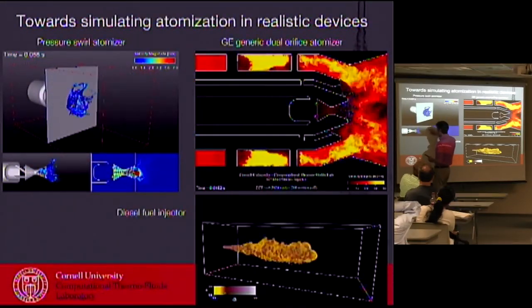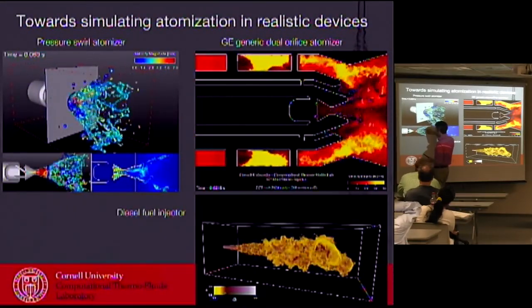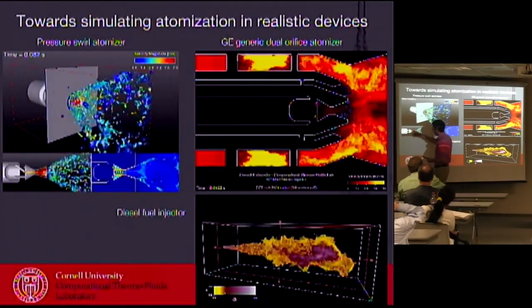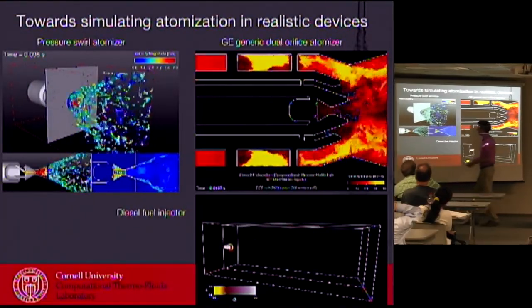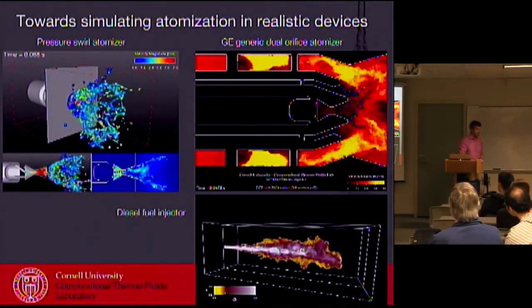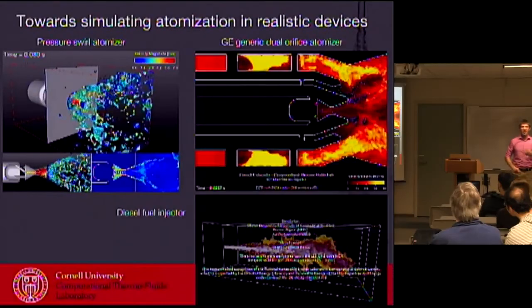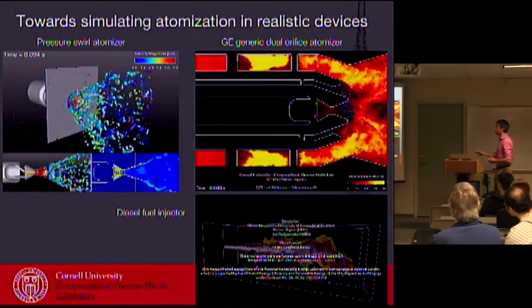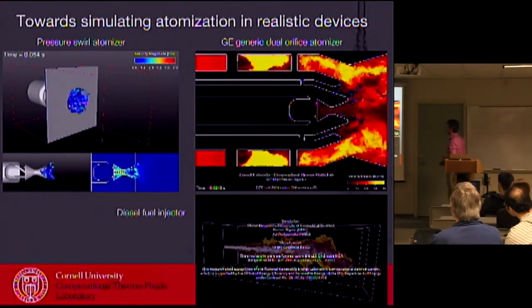And actually, air is brought back all the way to the back of the injector here. This is the type of system that's used for example in agricultural spraying, painting-related applications. There's many systems that use pressure swirl atomizers.